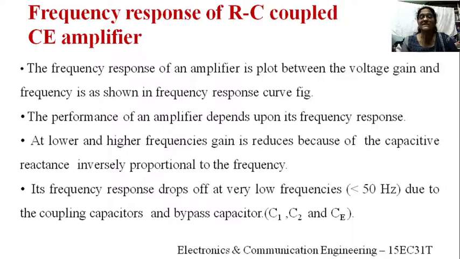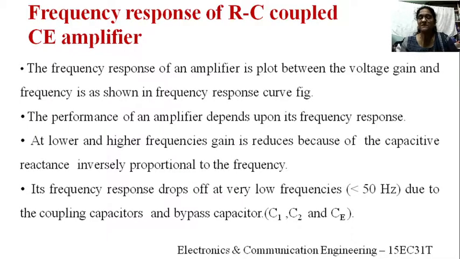Suppose, for example, you take an audio amplifier. In designing the amplifier, we must take care that in the specified frequency range the gain should be constant. If the gain is constant for that specified frequency range, we can amplify the signals undistorted very easily.